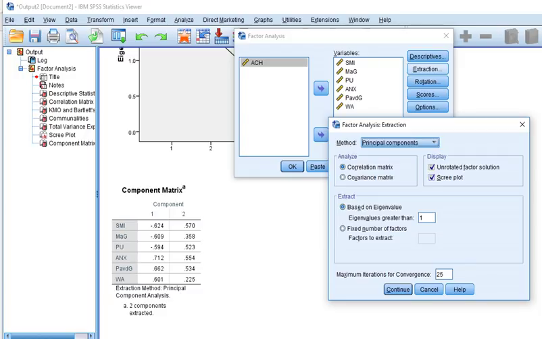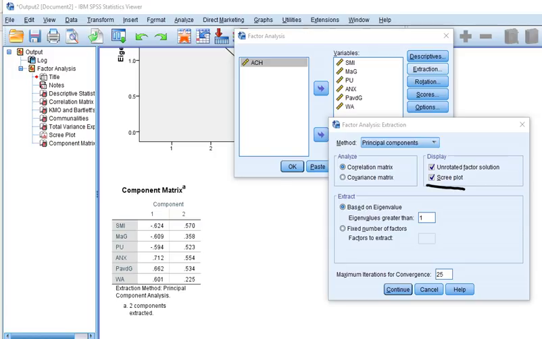But if there was some disagreement between the Scree plot and the eigenvalue cutoff rule, or the parallel analysis, let's say the eigenvalue cutoff rule suggested 2 components, whereas parallel analysis and Scree plot suggested a 3-component solution.